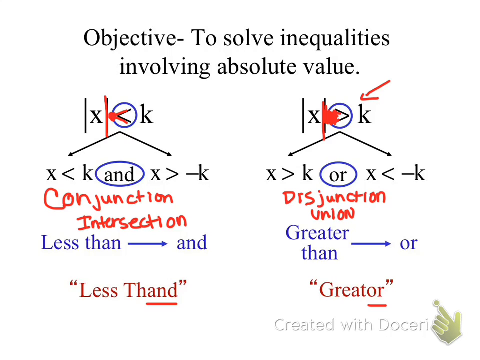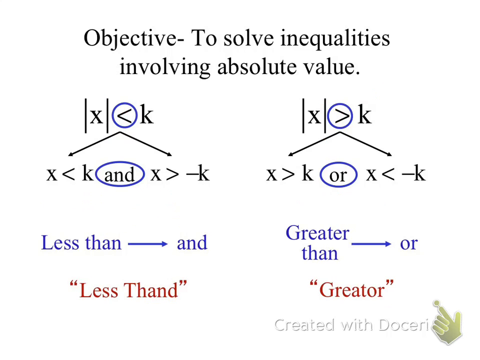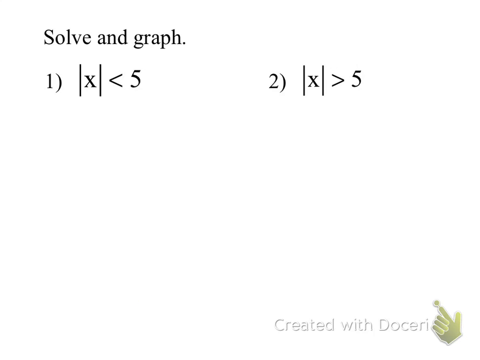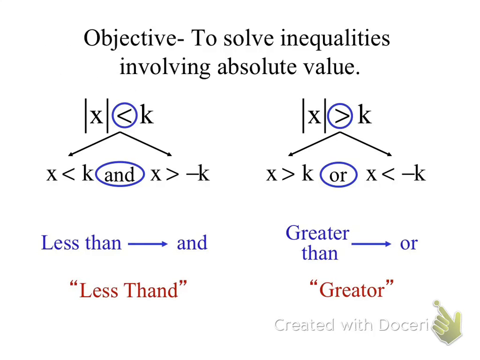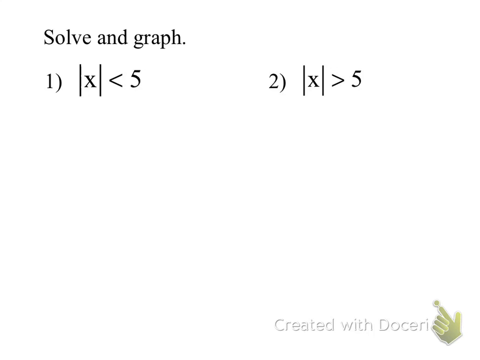So if it were turned around, I would read from the absolute value. Wait. But why are you switching the signs? They're two different situations. You're not switching them. Okay, let's move on a little bit, and I'll come back to that. Okay. Yes, Piper. Where did they come up with greater-or and less-and? I don't know. It's just this teacher who made this.